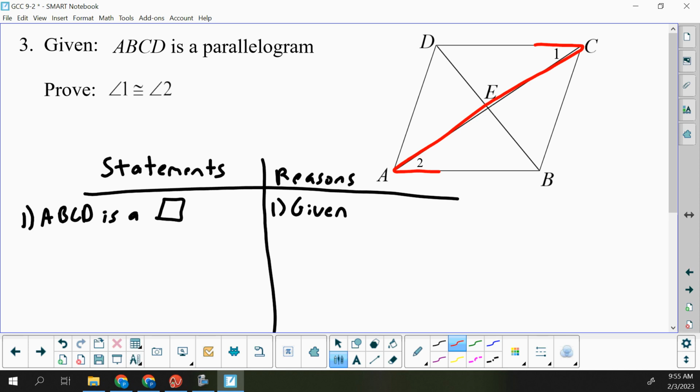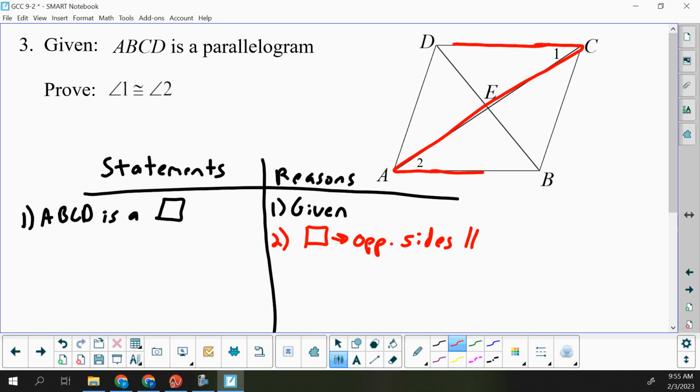So we can get the angles of a zigzag congruent if we have parallel lines. But we can get parallel lines because we have a parallelogram. So that's going to guide us that we're going to want to use parallelogram implies opposite sides parallel.